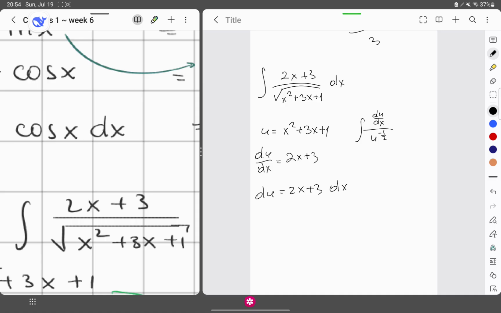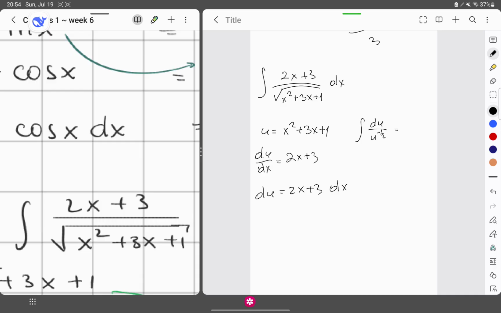Wait a second. 2x plus 3 dx will be what? Du.